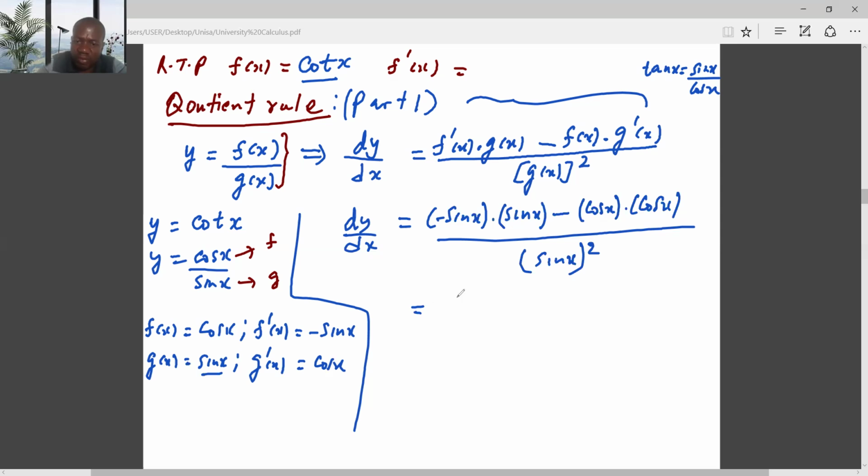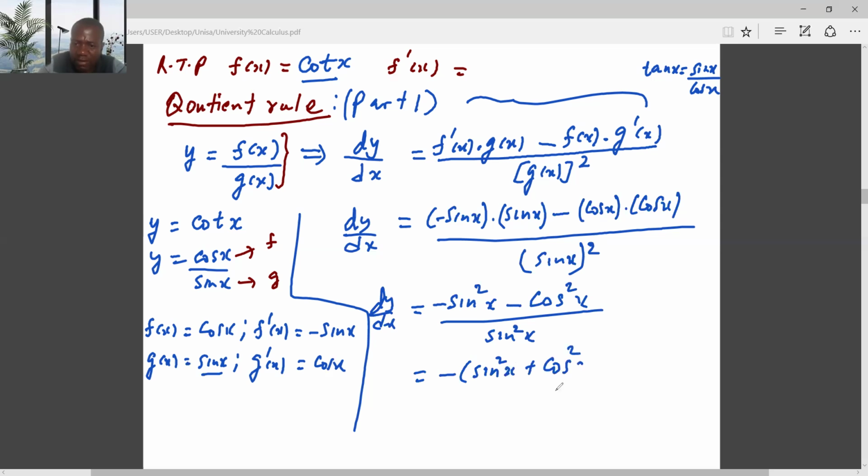This will be negative sine squared x and negative cos squared x over sine squared x. We can take the common factor of negative at the numerator, so we remain with sine squared x plus cos squared x over sine squared x. But we know sine squared x plus cos squared x is 1. So this gives us minus 1 over sine squared x.